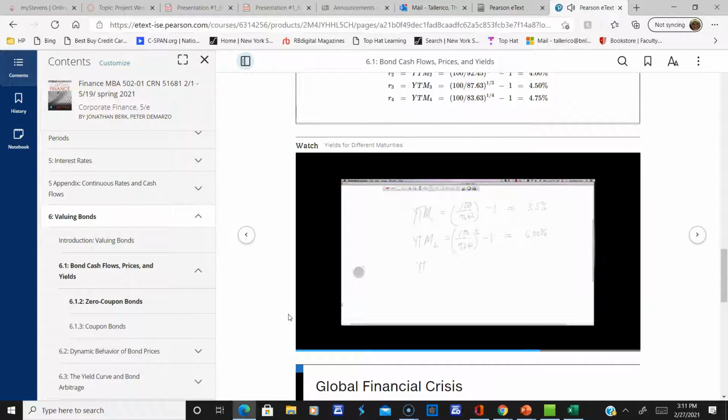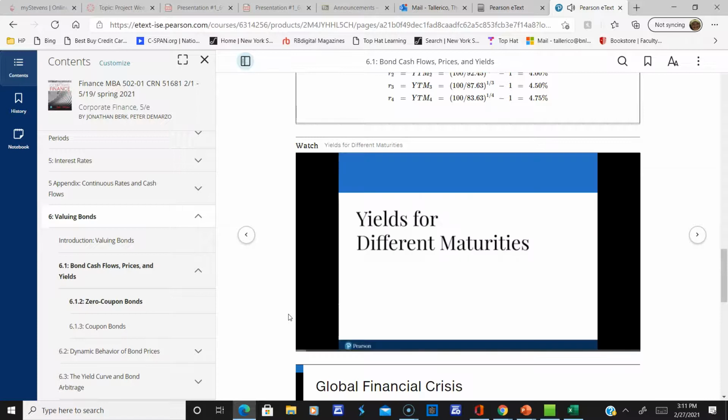Repeating the process for the third bond, which is now a 3-year bond, we get the ratio of what we will get, 100, divided by what we paid for it, 87.63. This time raised to the 1/3 power because there are 3 years to maturity. Subtract 1 and get 4.5%. And using the same process for the 4-year bond, we get 4.75%.